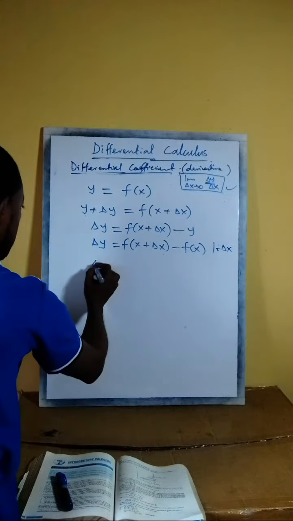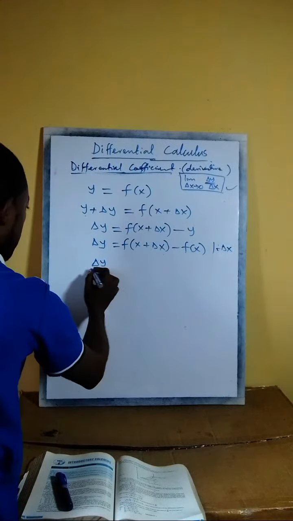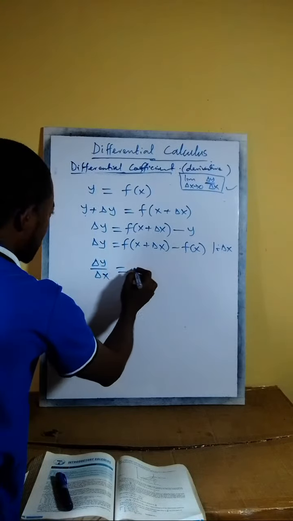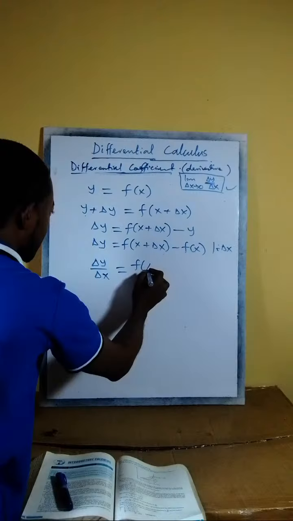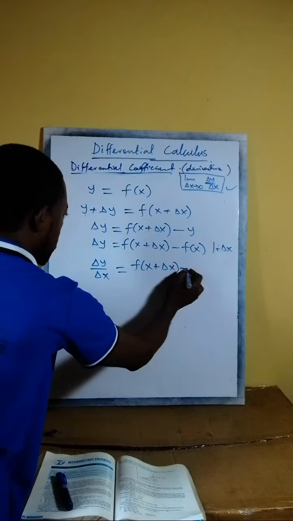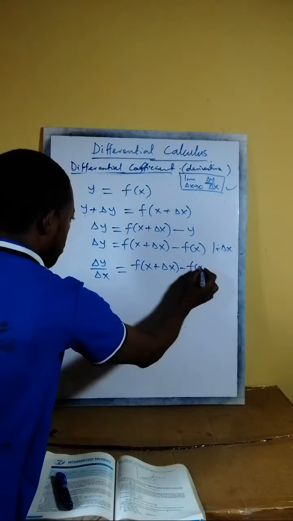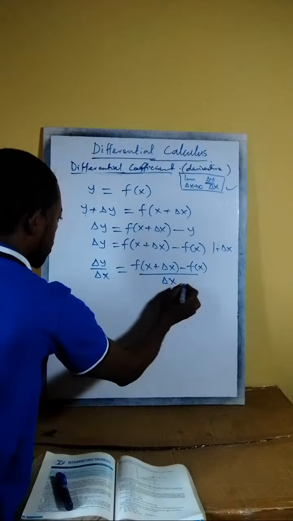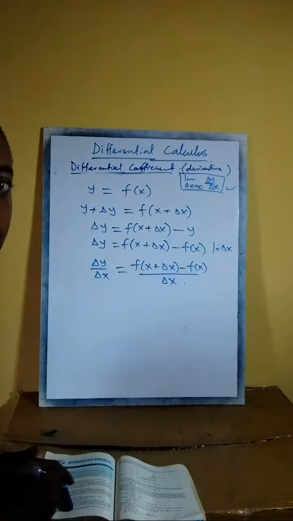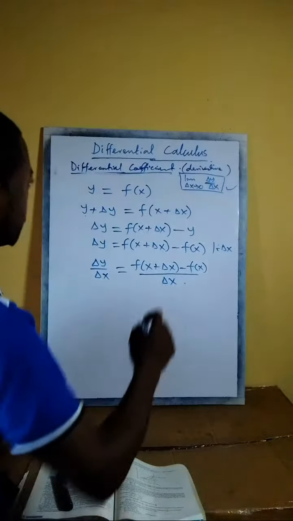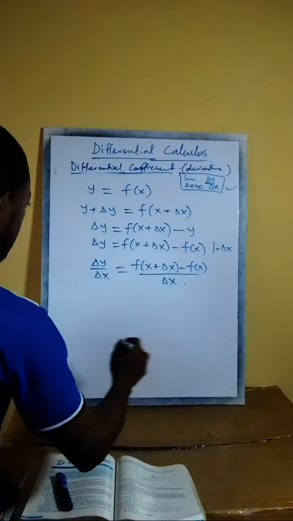Then here becomes delta y over delta x, then equals f of x plus delta x minus f of x, then over delta x from here. So we divide through by delta x here. Then what is left is to introduce the limit as delta x tends to 0 on both sides.